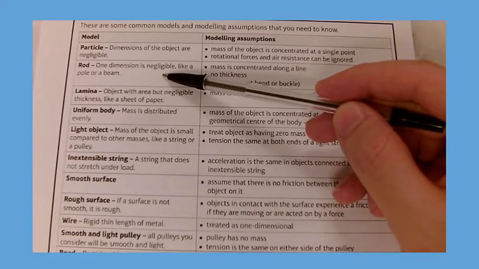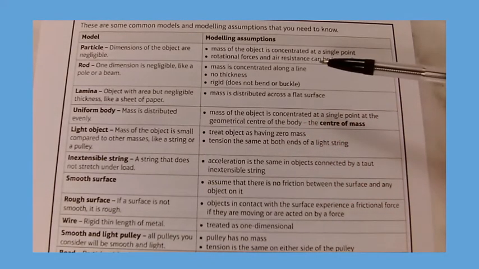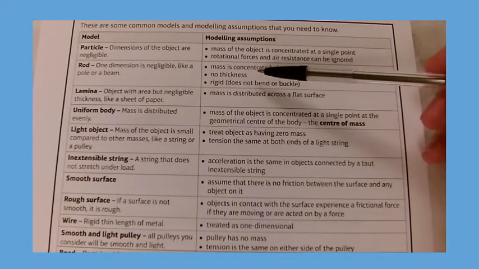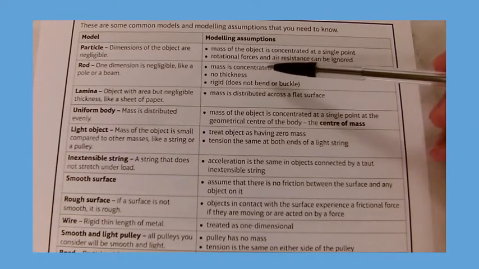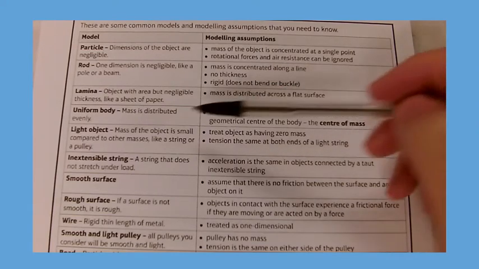This is a one-dimensional setup, like a pole or a beam. Why is this helpful for us in terms of assumptions? If we assume something is a rod, we assume the mass is concentrated along a line, we assume there's no thickness, and we assume it's rigid, i.e. does not bend or buckle.